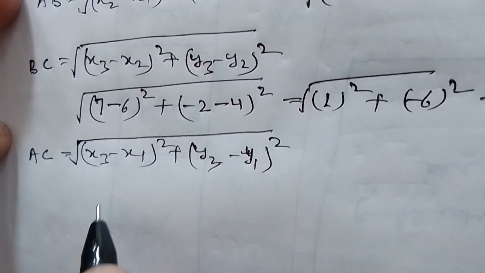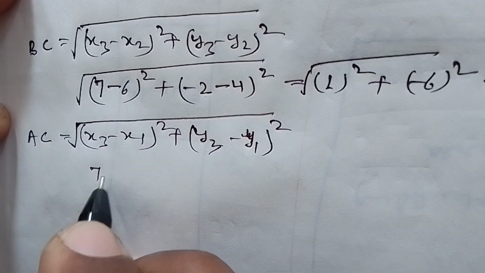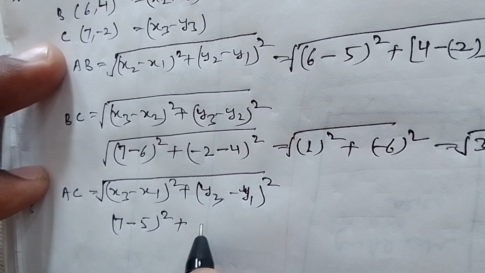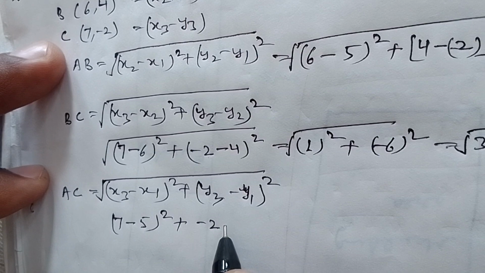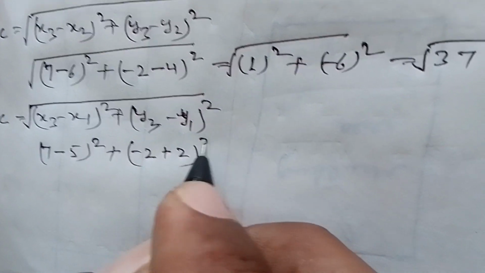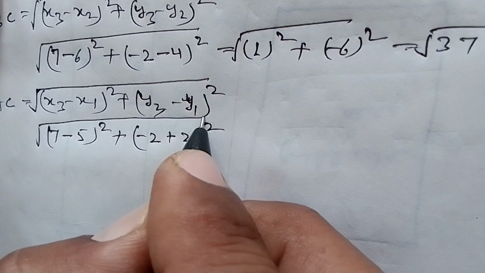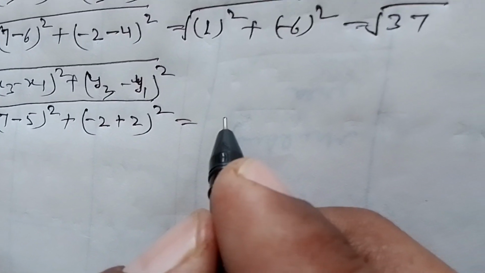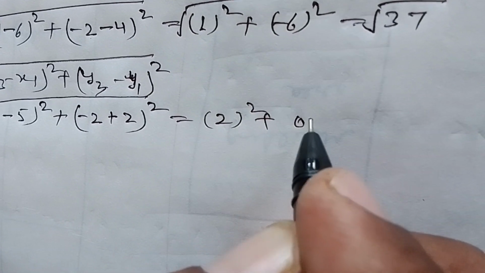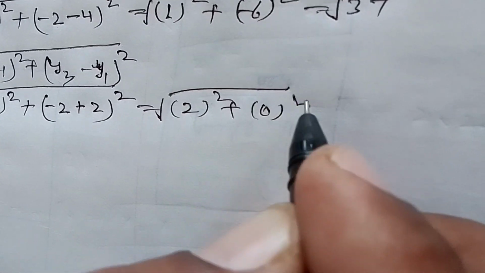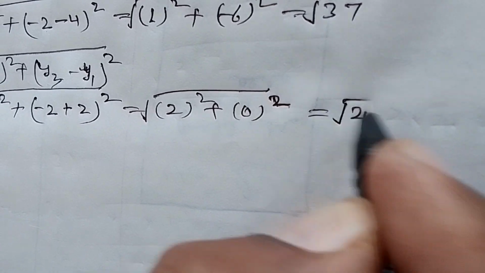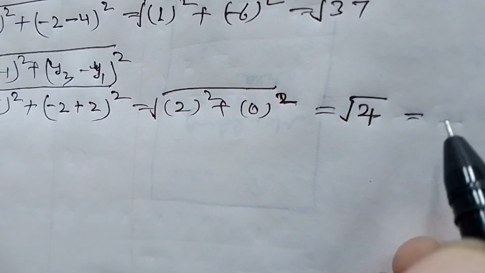By putting the values, x3 is 7 minus x1 is 5, plus (-2 plus 2) squared, under root. So it will come out to be 2 squared plus 0 squared. So it will come out to be root 4, which comes out to be 2.